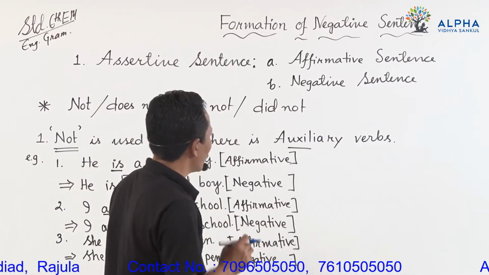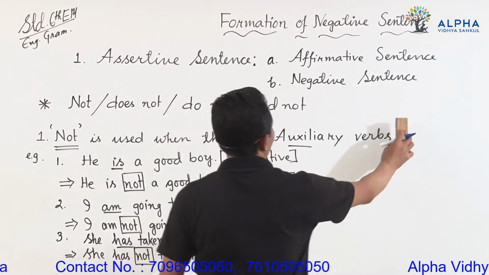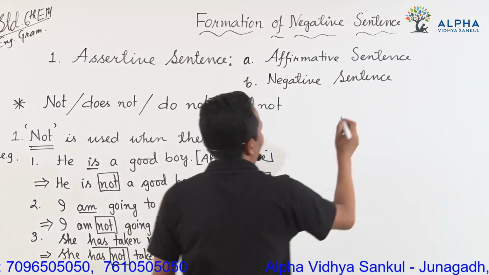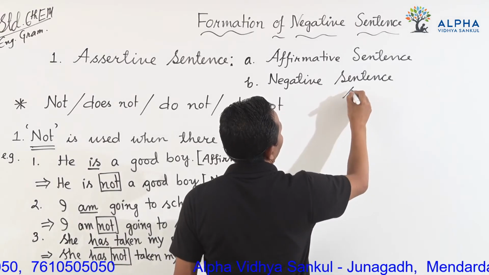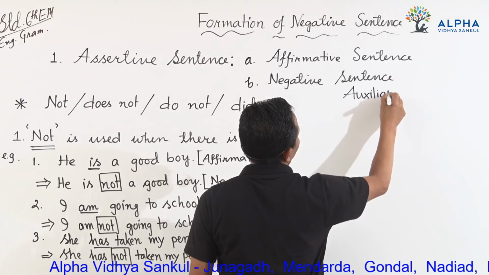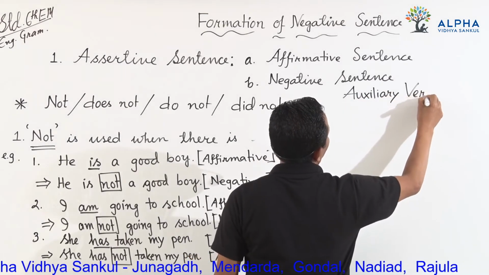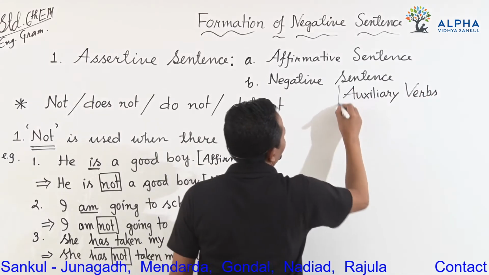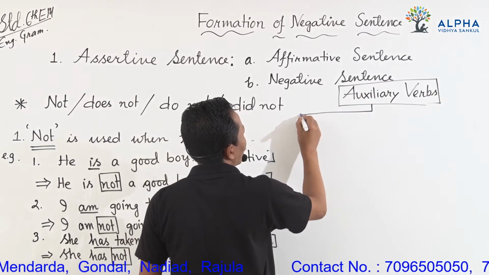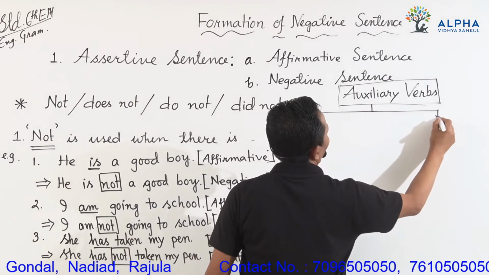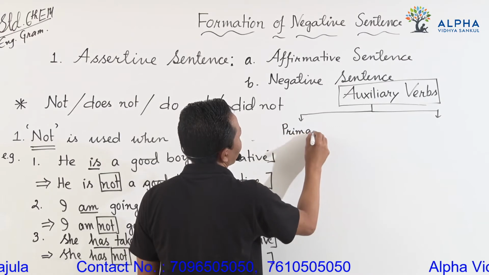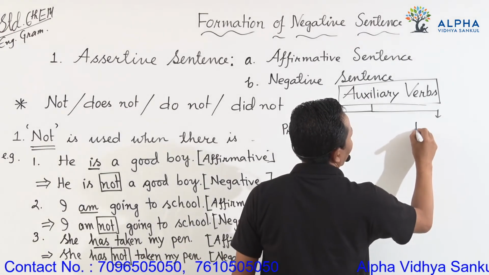See, these auxiliary verbs are divided into two types. One is primary and another is modal.